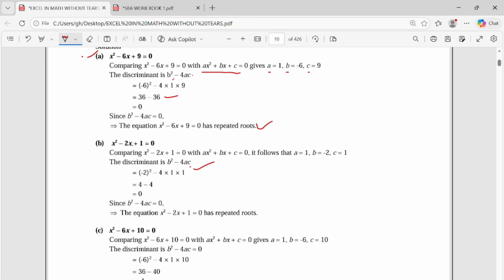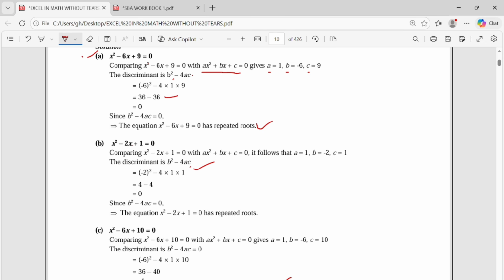When you substitute in here, you come up with 36 minus 40, and that's negative. So whenever you get a negative answer, less than 0, the roots are imaginary, they are not real. That's why we are saying there are no real roots, because of this negative we got after substituting in our discriminant.